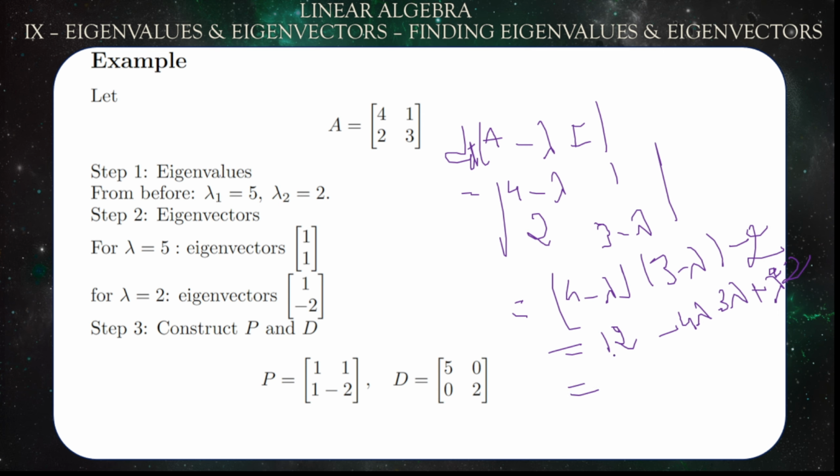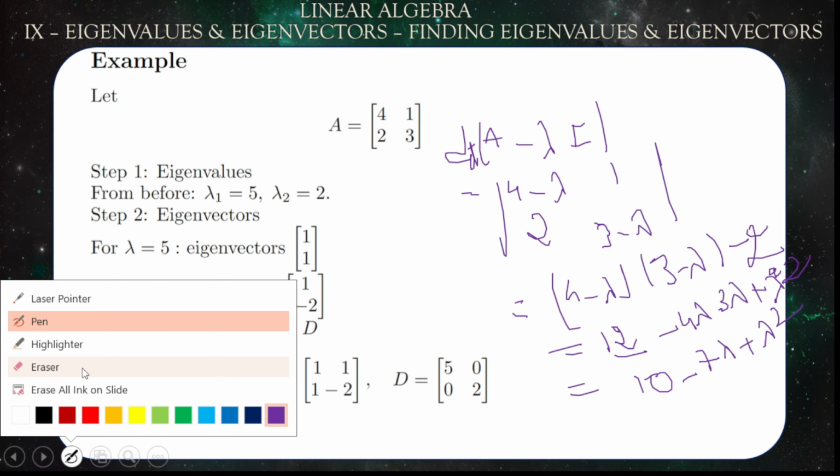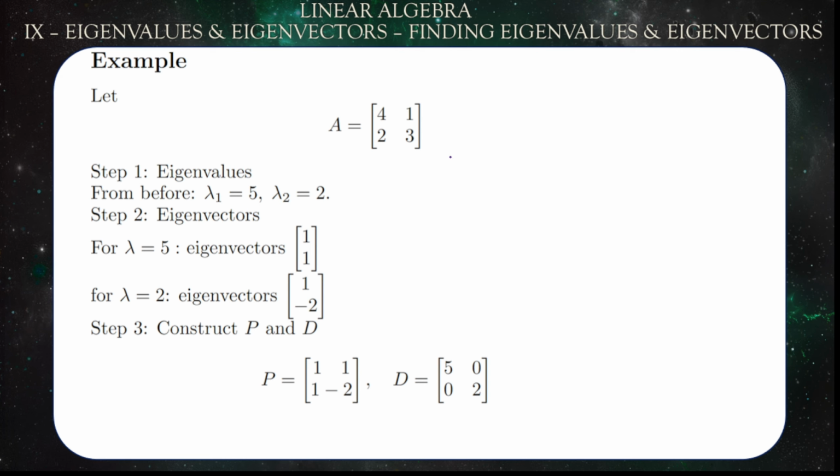So 12 minus 2 is 10, minus 7 lambda plus lambda squared. We need to get the roots of this equation. By evaluating the roots using the discriminant method, you get lambda 1 equal to 5 and lambda 2 equal to 2.